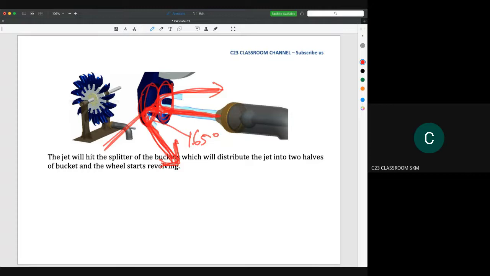For example, we have a wheel here with buckets here. If the water hits this one, and the water here hits the next bucket, it will slow down the wheel. So all the parameters need to be thought through in this situation.